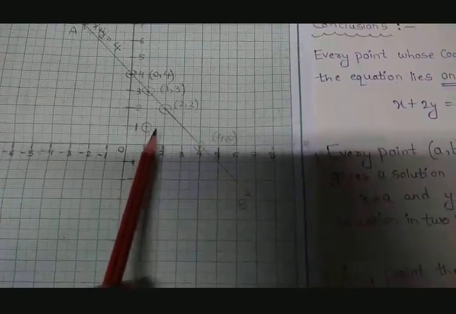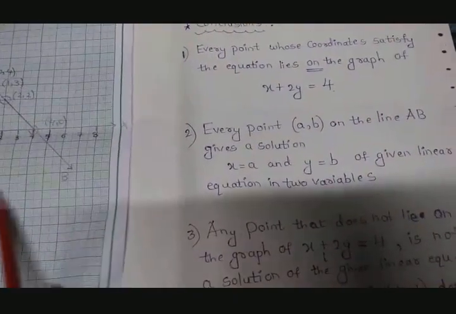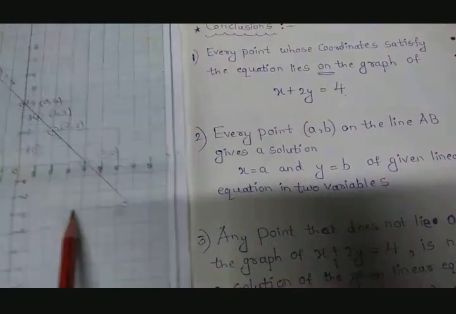So if you substitute any value under this line or above this line, you won't get the solution of the given linear equation in two variables. So these are the important conclusions that we have obtained from the linear equation in two variables graph.